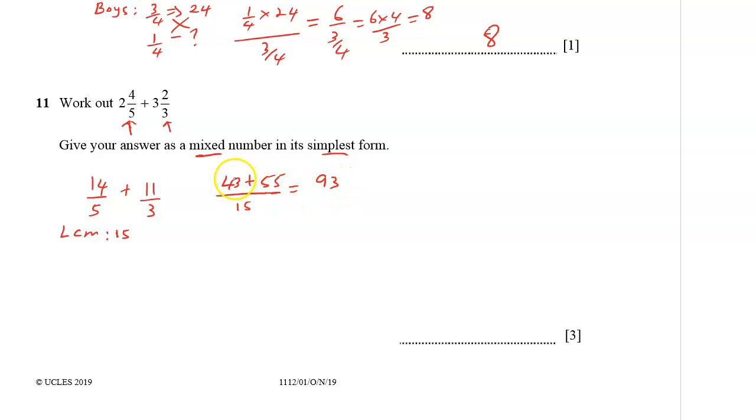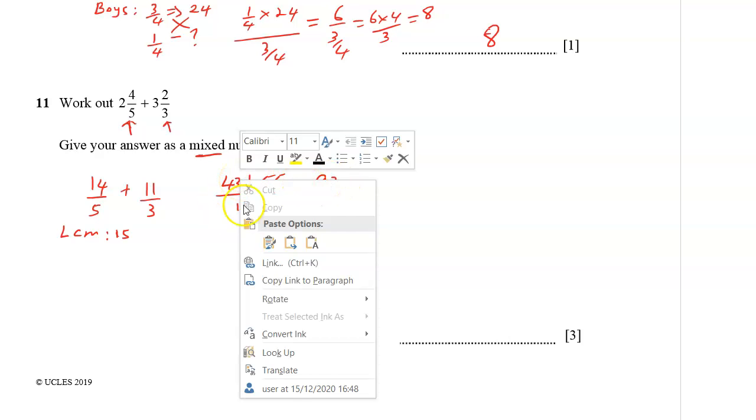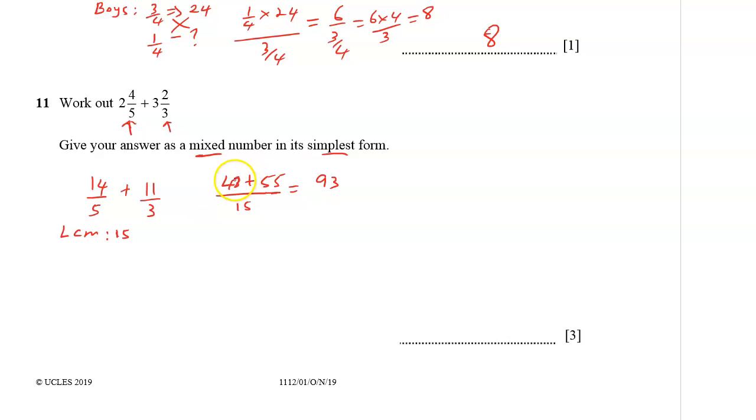This is 42, not 43. This is 42. And therefore this will be 42 plus 55. This will be 97 over 15. We are told to give it as a mixed number, and therefore we have to divide 97 by 15.